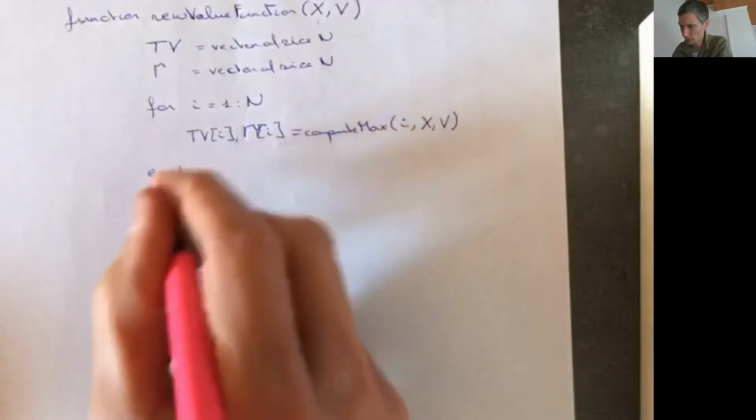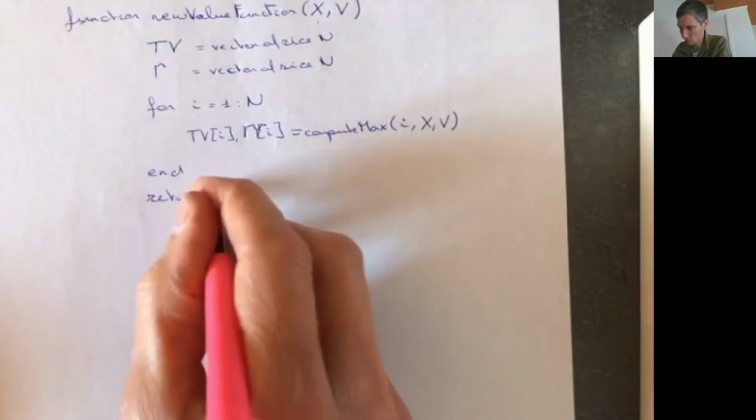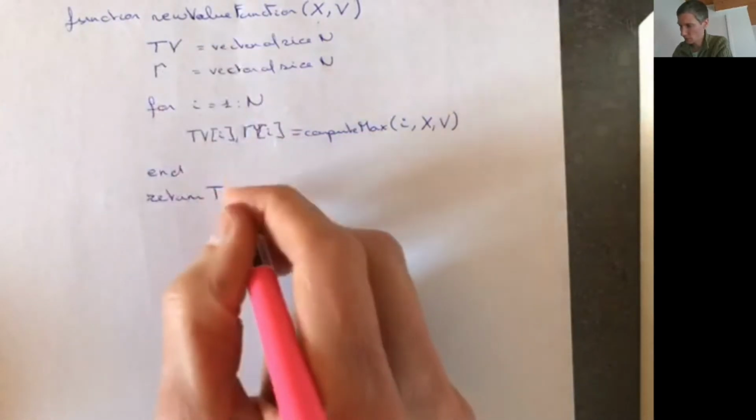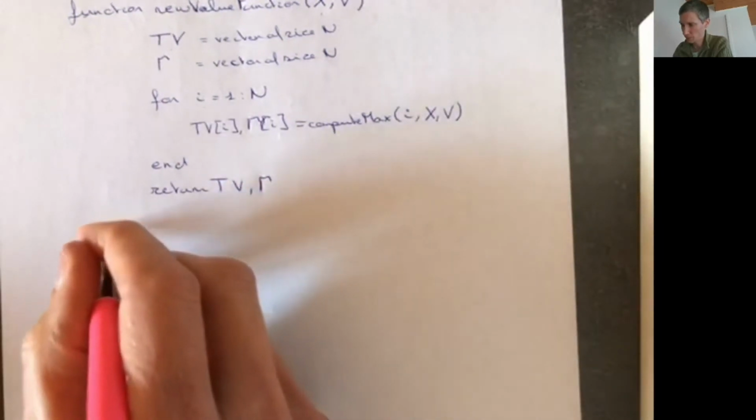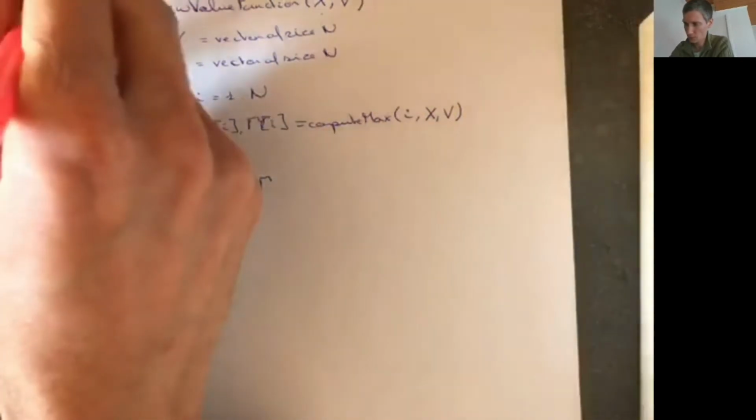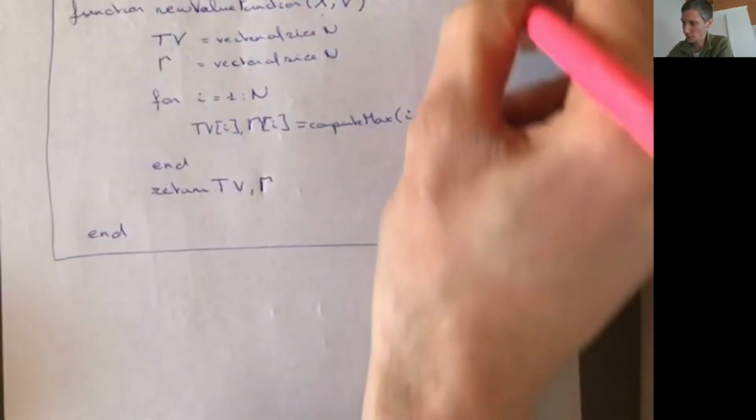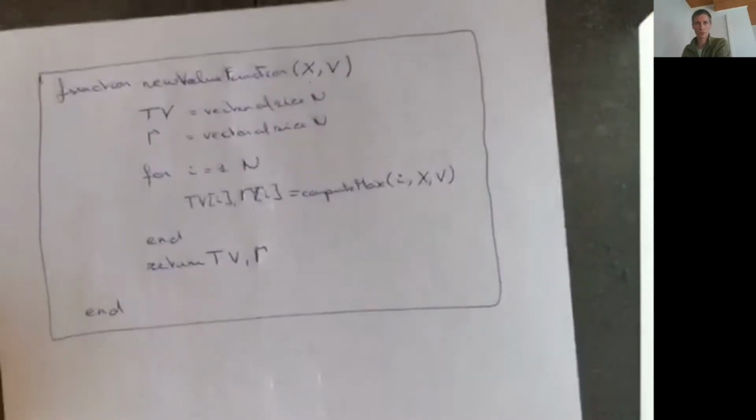Okay, this is going to end, and I'm going to return this entire vector here, and then my gamma here. So this is going to be my third function. Okay, so far so good.